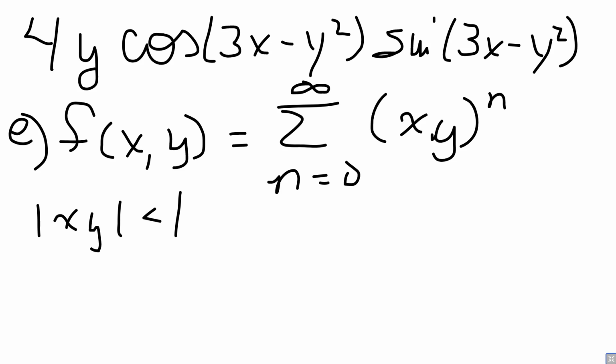If we take a look at the series, what kind of series is it? Yes, it's going to be geometric. And the common ratio here is going to be what? xy. So the sum is going to be 1 over 1 minus xy.